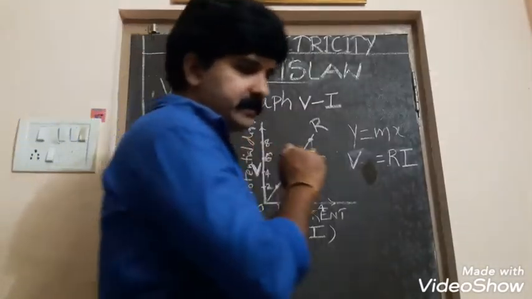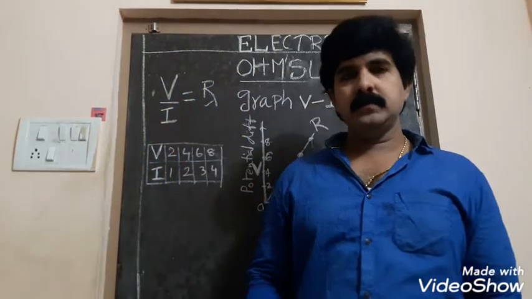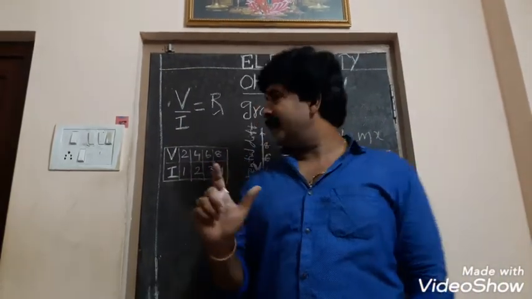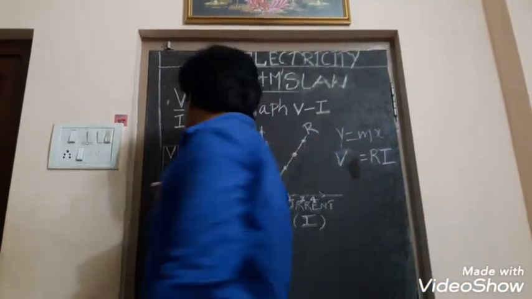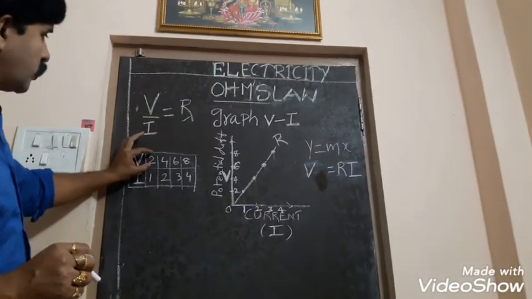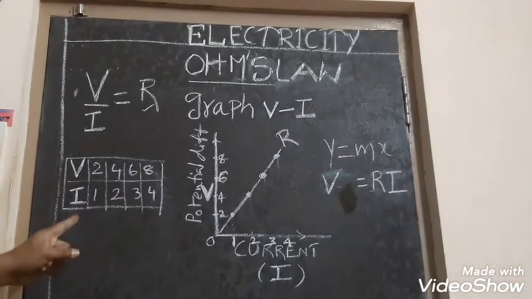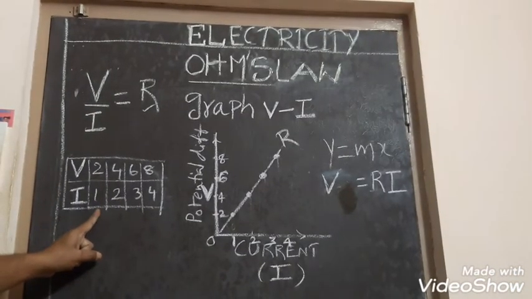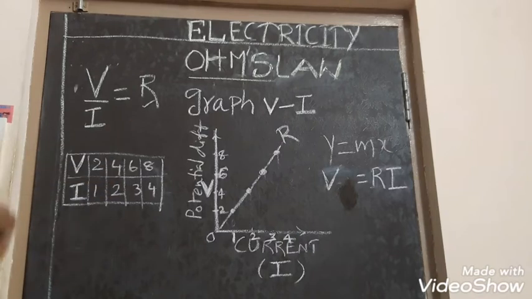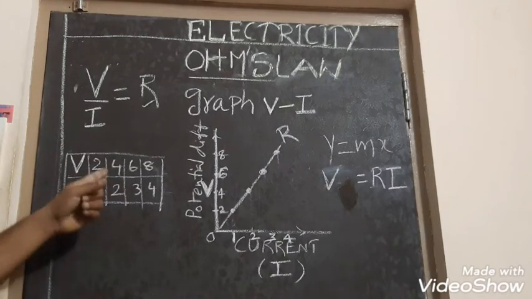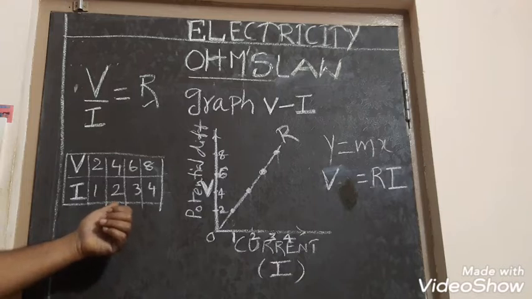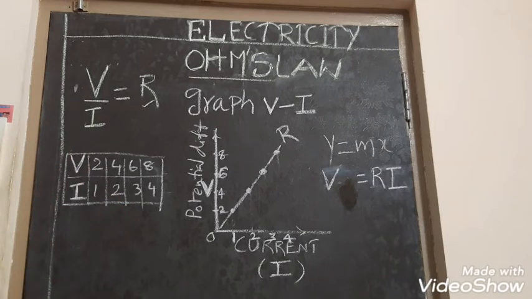An experiment is conducted in a way that you keep increasing the potential difference. First you place a 2 volts battery and observe the current in it. Another time you insert a 4-volt battery and the ammeter shows 2 amps current.